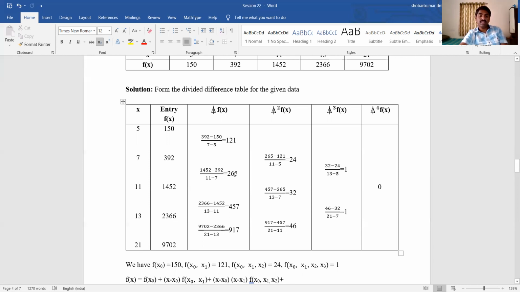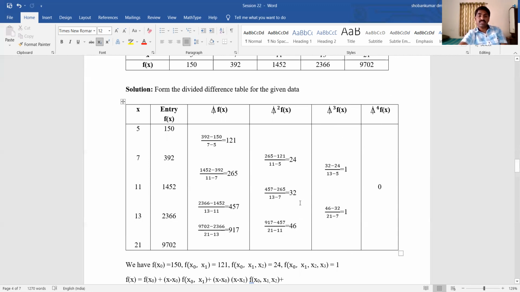For the second divided differences, this minus this divided by this minus this is 24, and this minus this divided by this minus this gives 32, and this minus this divided by this minus this gives 46.